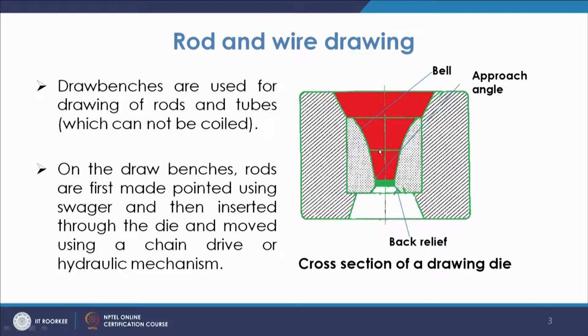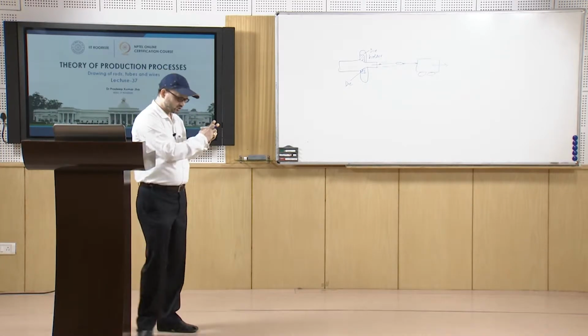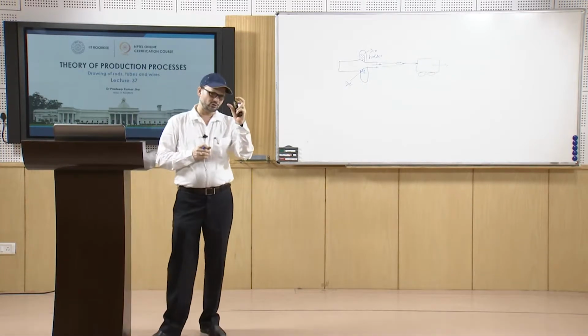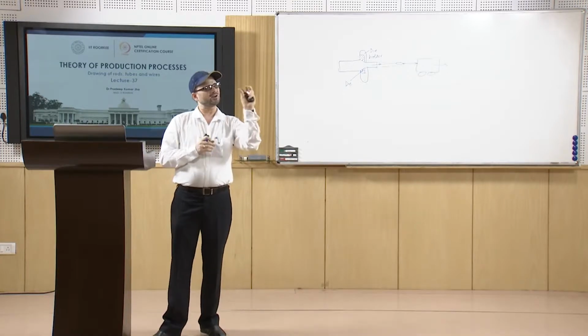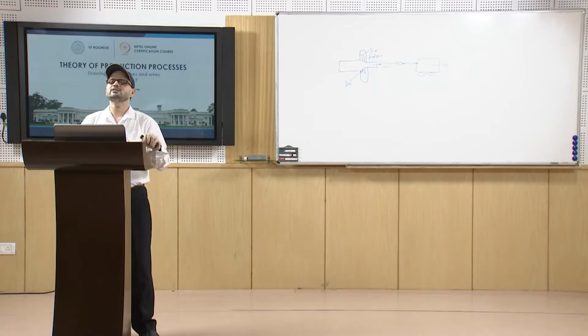The thing is that when you are taking that stock in between the die and trying to pull it, at that point of time it must have a smooth entry into it. So, you usually apply the lubricant on the surface. That is why this type of shape is given.